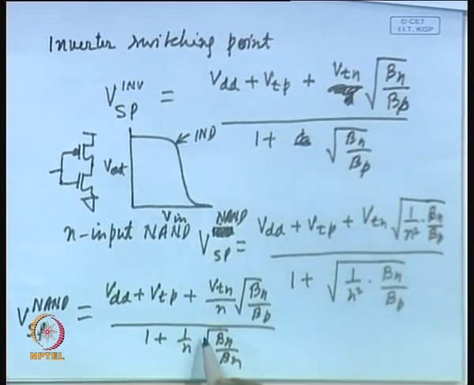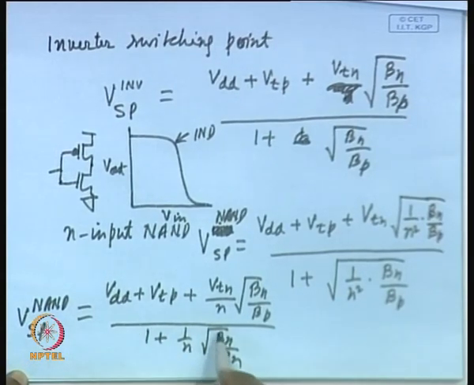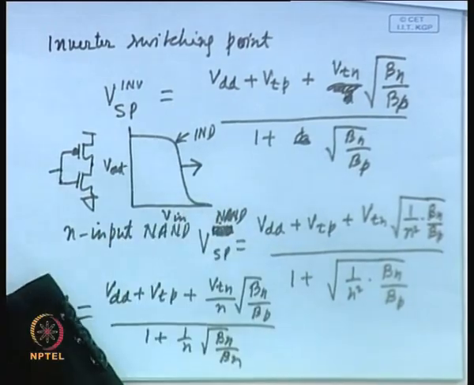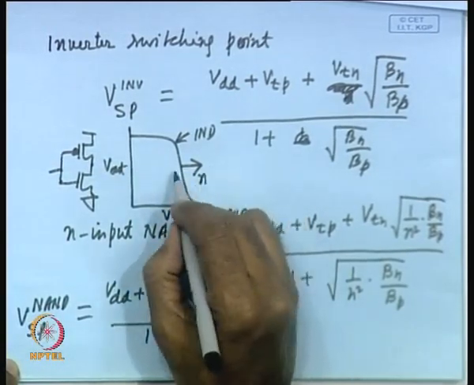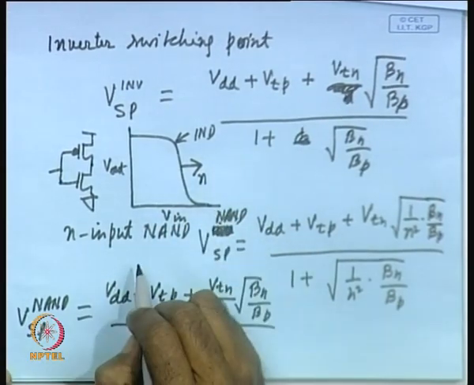And here as you can see, as n increases in the denominator, this is 1 by n root beta n by beta p into 1 by n, so the value of the denominator will increase, and as a consequence this will move in this direction. So, for higher n, the switching point will move towards right, towards VDD.